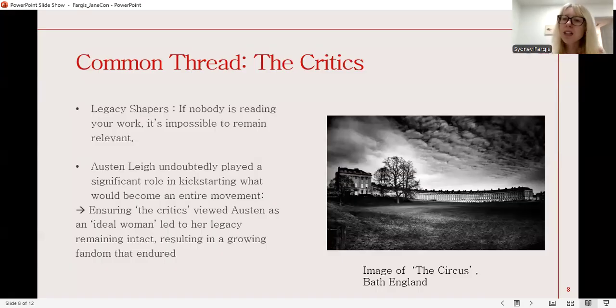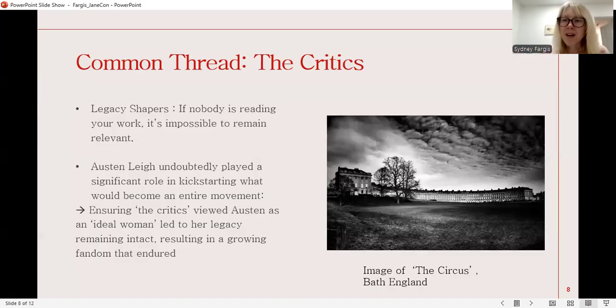But he really in this memoir ensures that critics viewed Austen as an ideal woman, leading to her legacy remaining intact, resulting in a growing fandom that endured, right? He ensures that she is allowed to be continued to be read, essentially. The Victorian era does not cancel Jane Austen. The way that it does with some of the other female authors that we've discussed and not discussed.